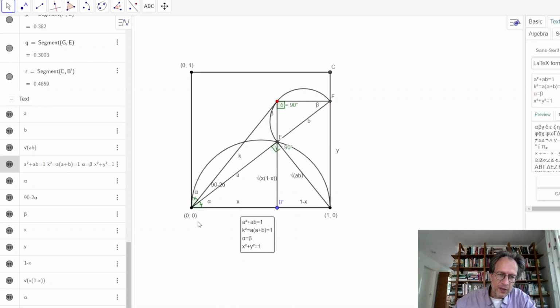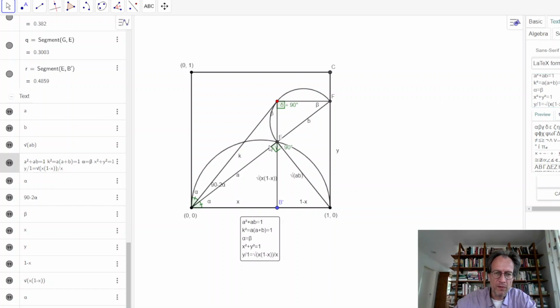The other equation comes from comparing this right triangle with the similar triangle over here, and that implies that y divided by 1, basically the tangent of alpha, must be equal to what we have found, the square root of x(1 minus x), divided by x.